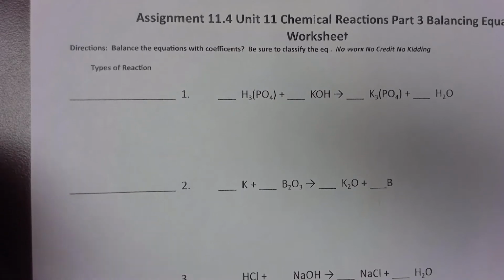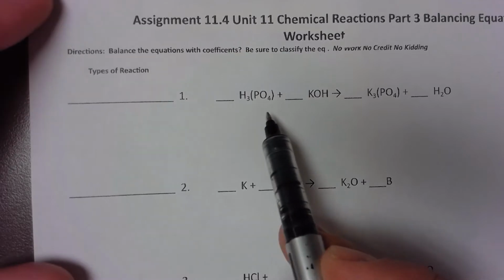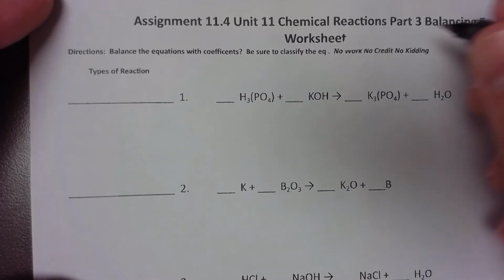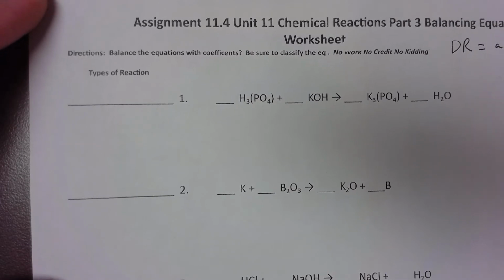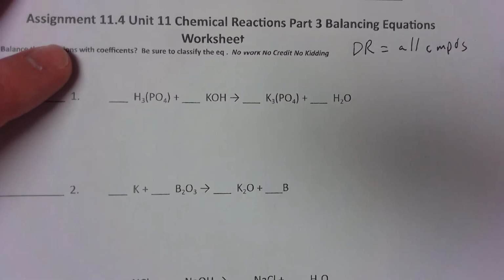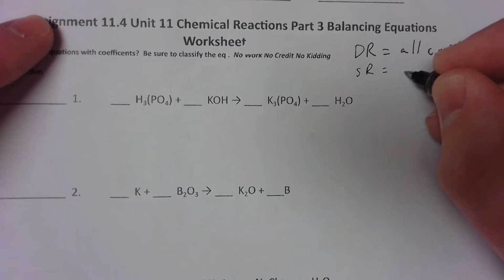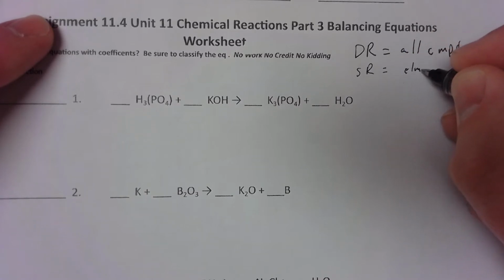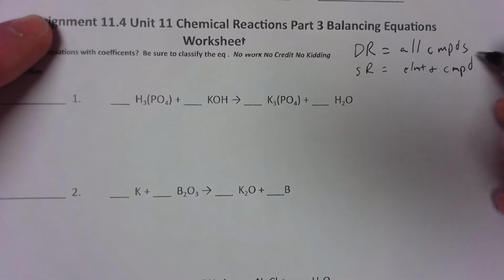All right, so let's start with this. Remember, here's a little cheat sheet. DR, double replacement, is all compounds. SR is element and compound on both sides.